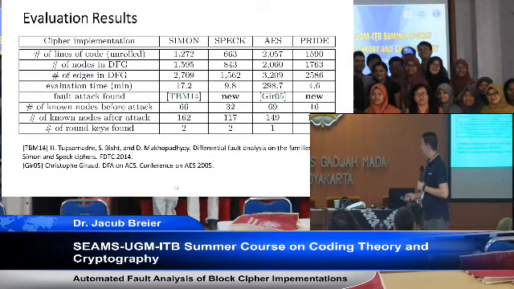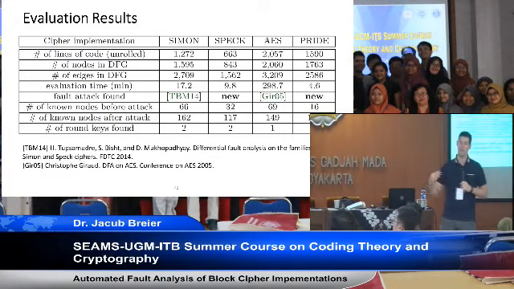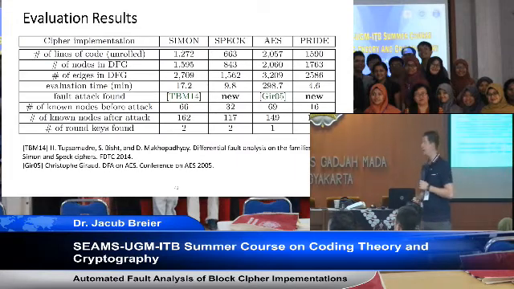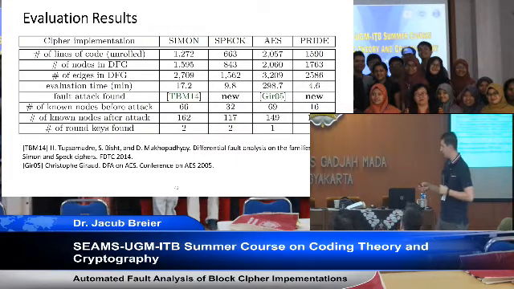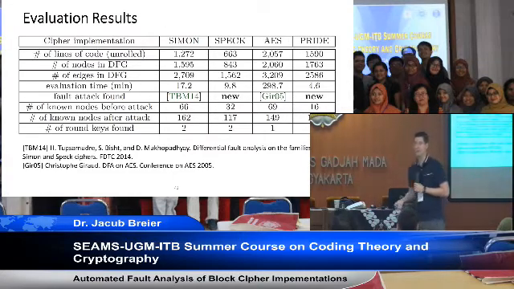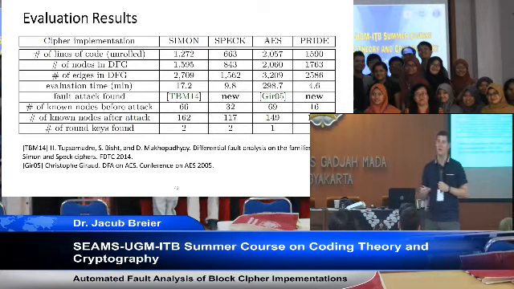In case of AES, the time of evaluation is slightly higher, so it's several hours. However, we still think it is relatively practical, because if you want to analyze the data flow graph like you saw in the previous slides for AES, it really takes a very long time.